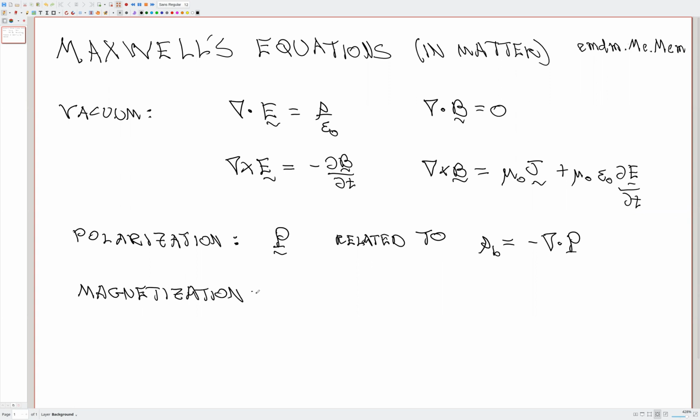However, now for magnetic dipoles rather than electric dipoles. So we had introduced this magnetization M, and it was related to a bound current density that we denoted JB by having the curl of M give you this bound current.